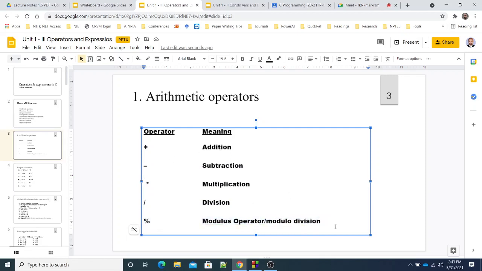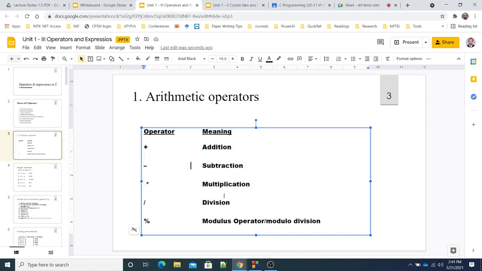And these operators primarily work on numbers. In mathematics also we perform addition, subtraction, these operations on numbers. Numbers may be constant values like 5, 10, etc., or they can be variables which store some value. Numbers, we have two types as we already know, integers and real numbers.